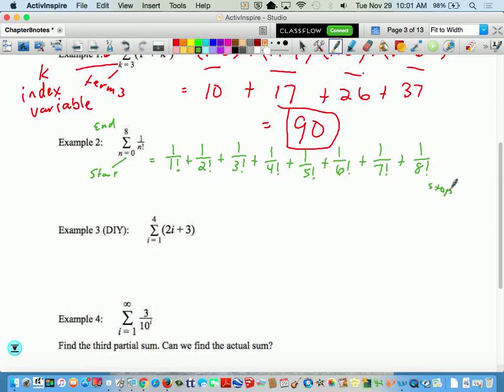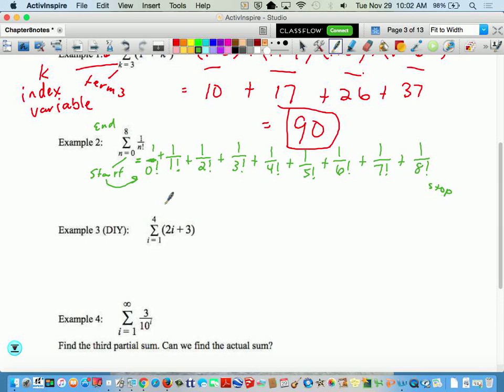Stop when you get here because I hit the 8. Oops. All the way back at the beginning. This should have been 1 over 0 factorial. I should have started with the 0. So sorry. So we have all of these terms added up.